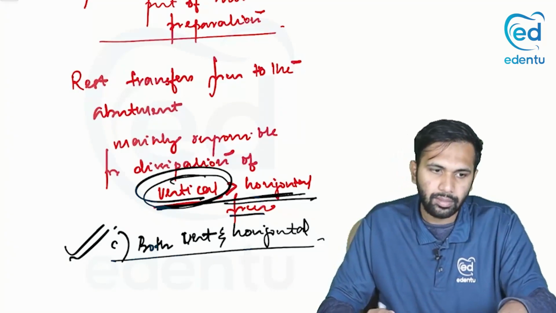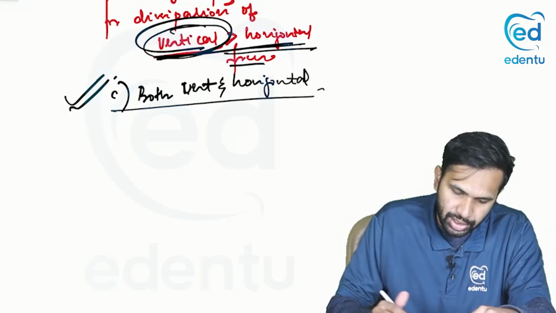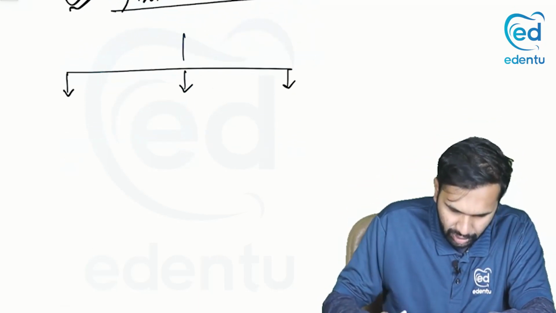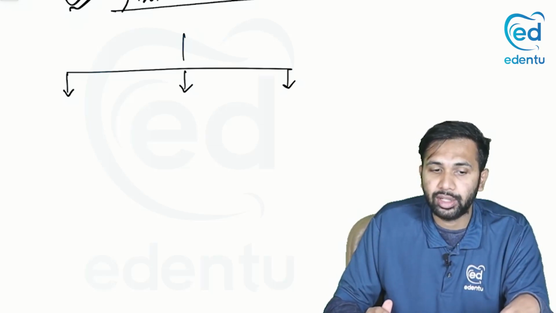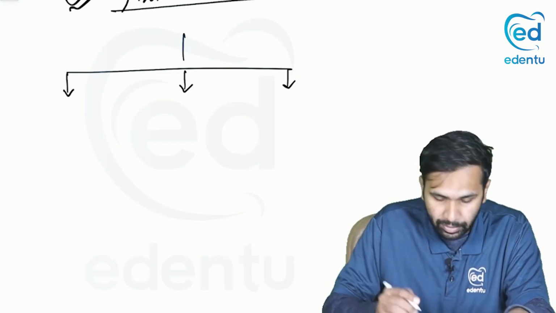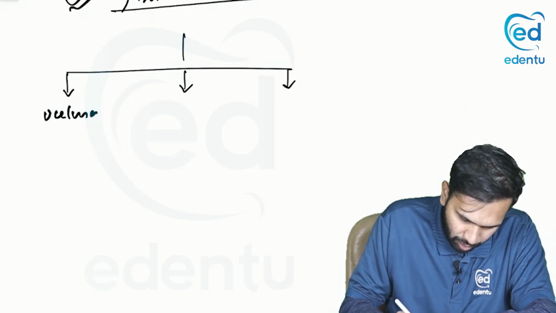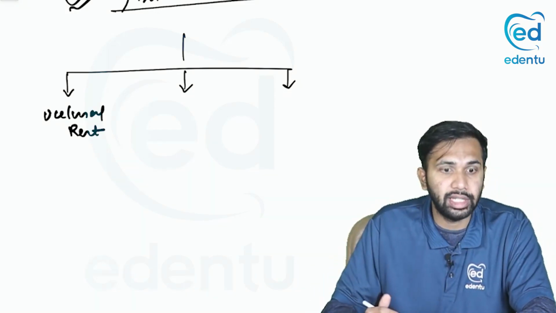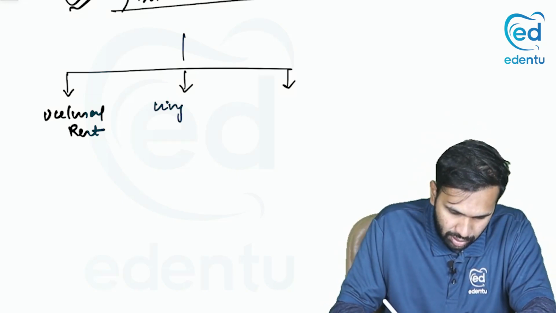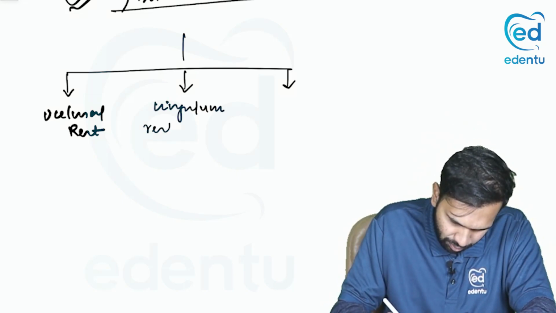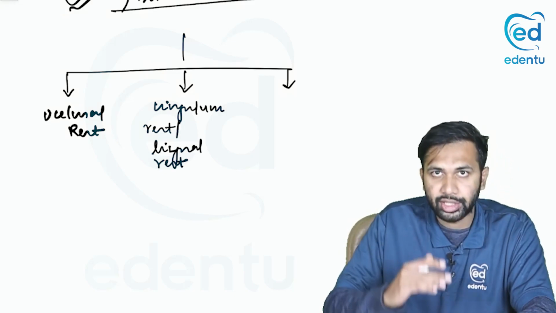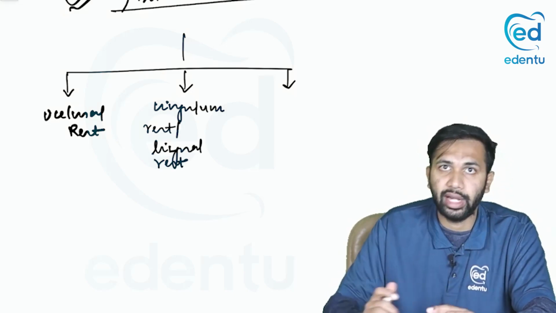Now, your rest can mainly be of three types, based on the surface on which it is resting. You can have an occlusal rest, when the rest is seating on the occlusal surface of the teeth. You can have a cingulum rest, also called a lingual rest, resting, as the name suggests, on the cingulum of your anterior teeth.